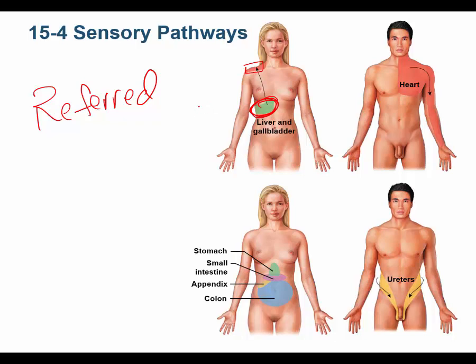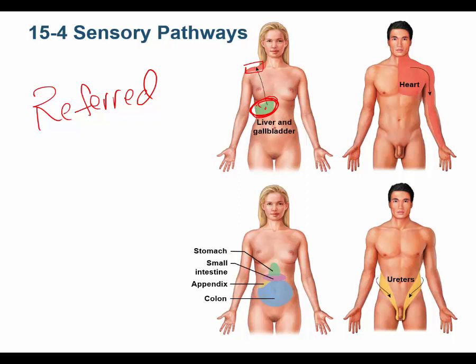Now, here's what's happening. The sensory input in the lateral spinal thalamic tracts of your right shoulder converge with and travel with the pain tracts coming from the visceral receptors of your liver and gallbladder. All right. So the visceral receptors fire from your liver or gallbladder, and they enter your spinal cord.